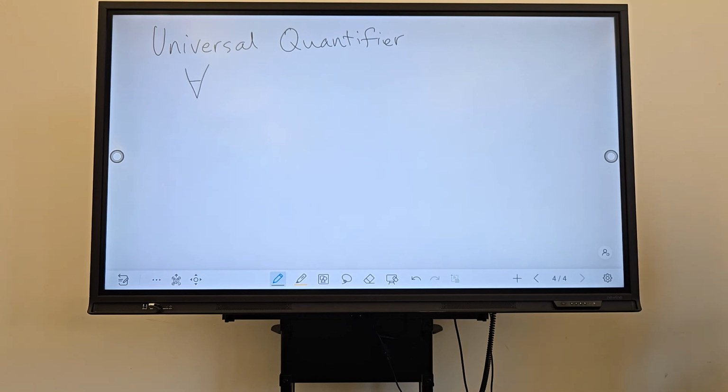Quantifiers are words that refer to quantities such as some or all, and tell for how many elements a given predicate is true.